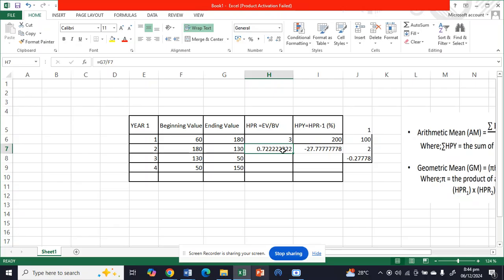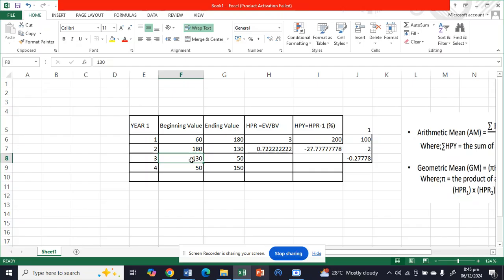So if your HPR is less than 1, remember that is a decrease. And as you can see here, we got a negative percentage.